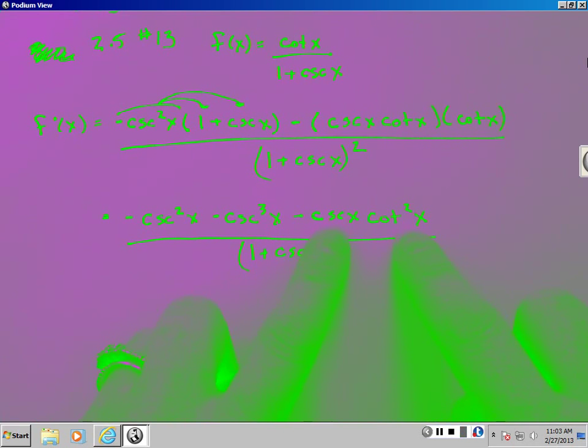Now it turns out I can pull out a common factor. The derivative of cosecant is negative cosecant cotangent, so we have a plus on the top. This negative here becomes this positive here.